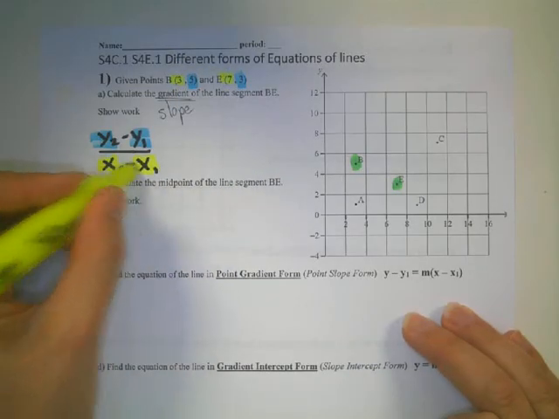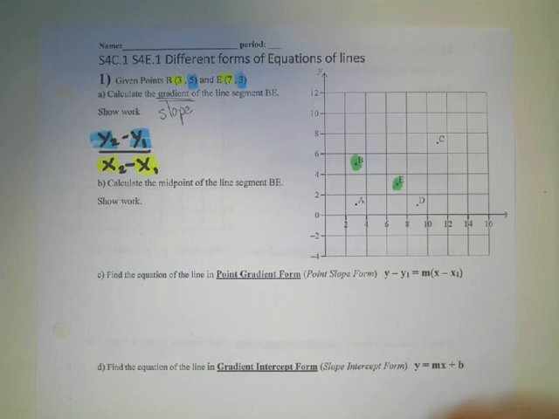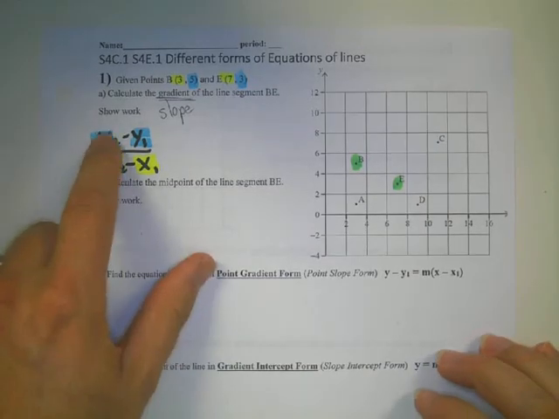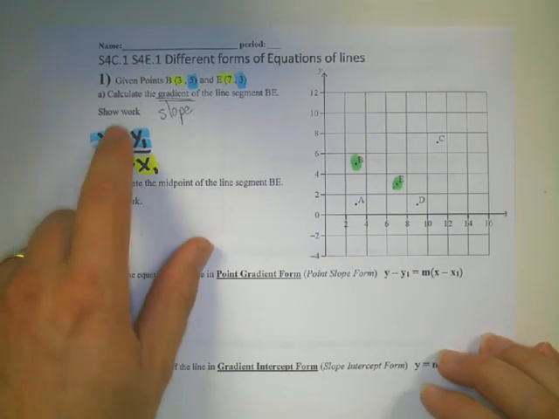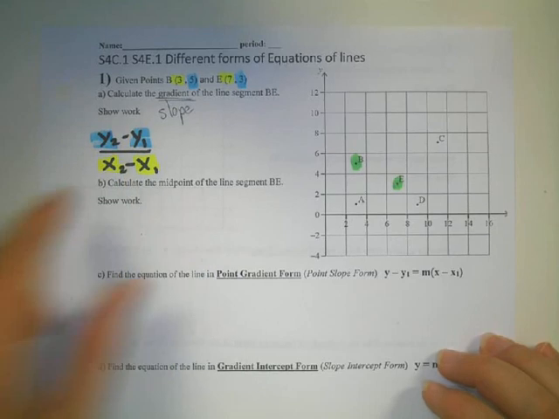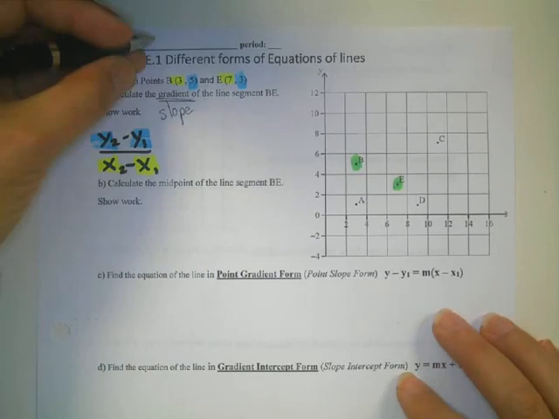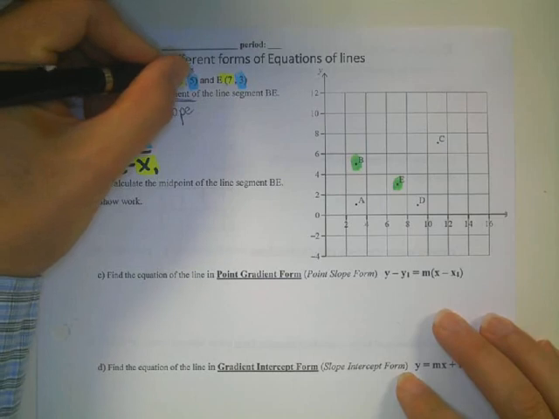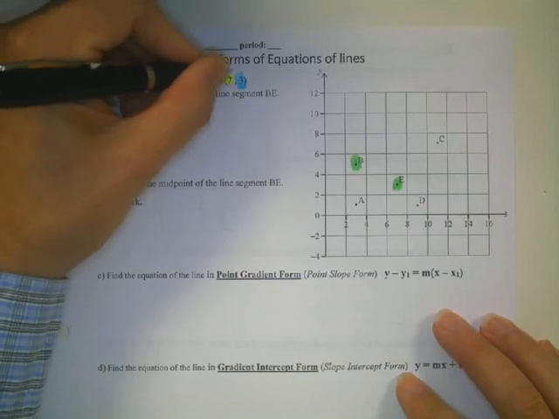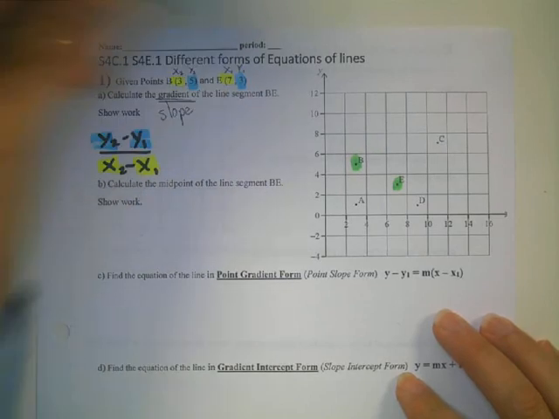Now, one of the main questions people had during class is which one am I going to use for x1, y1, and which one's going to be x2, y2. It really doesn't matter.